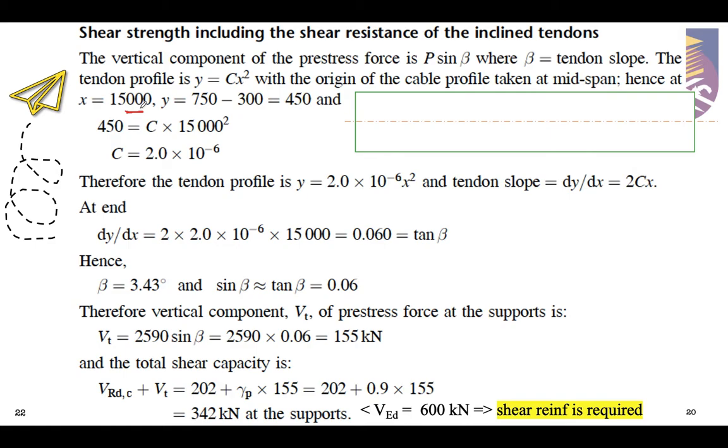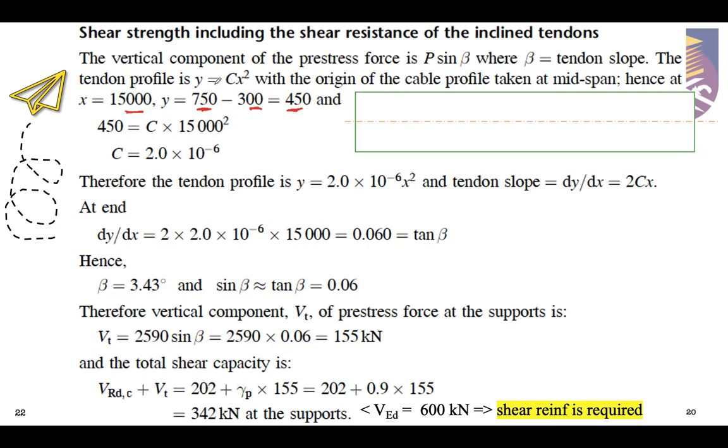As for this example, the total span length is 30 meters, so half of it is 15,000. Then we can also calculate the y value, whereas we have the location of the tendon at midspan. This is the eccentricity of the tendon at midspan, and this 300 is the eccentricity of the tendon at the ends. So therefore, we have this y value of 450.